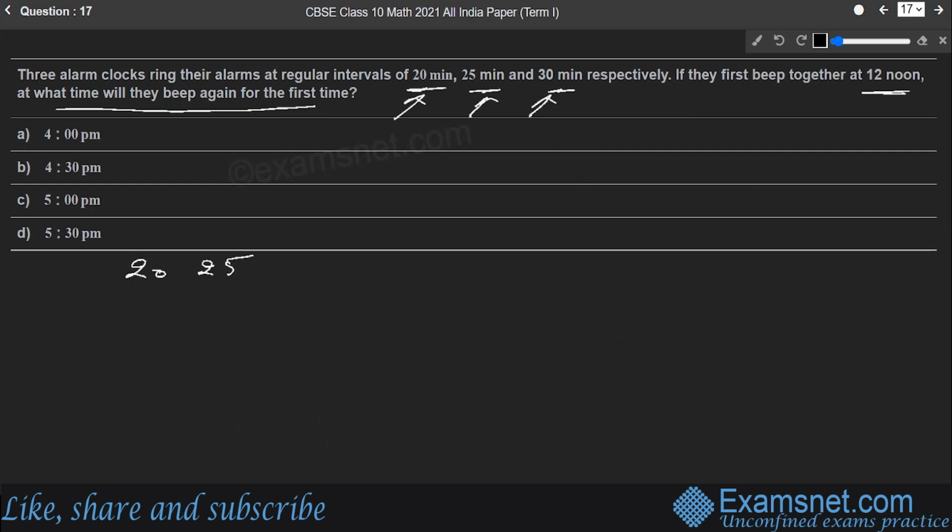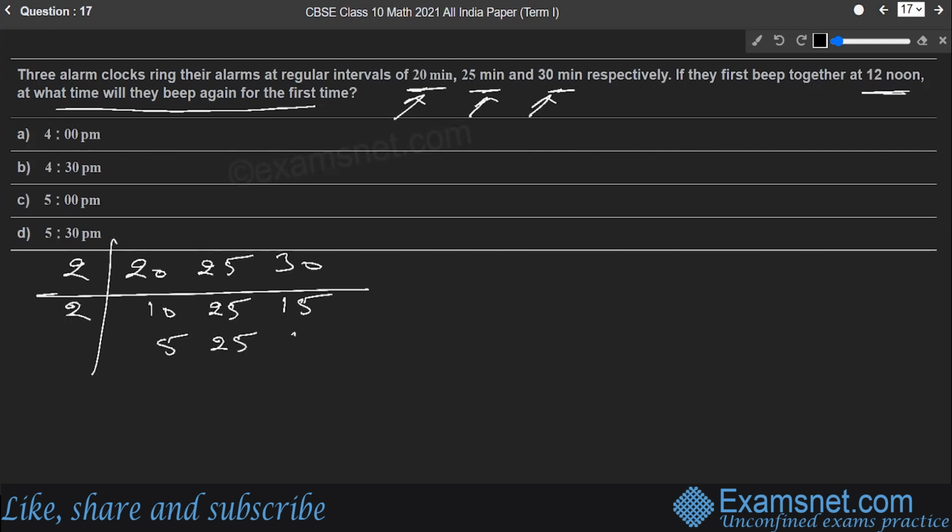We have a basic method to find the least common multiple. Let us divide by a very small number that can divide all of them, that is the prime factor 2. So it's 10, 25 does not divide, it is 15. Then again 2 can work, so 5, 25 doesn't get divided, 15. Now 3 can divide one of them, so let us use 3. 5 is not divided, 25 is not divided, 3 fives are 15.